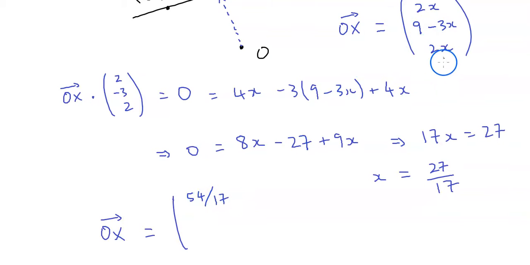And then the next coordinate is 9 minus 3 times 27 over 17, which is 72 over 17. And then the last coordinate is just 54 over 17 again.